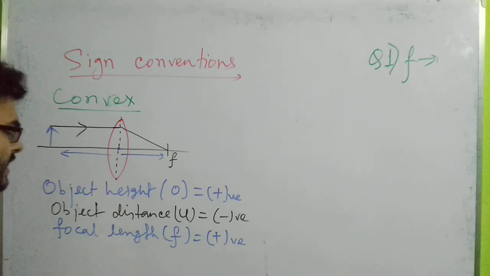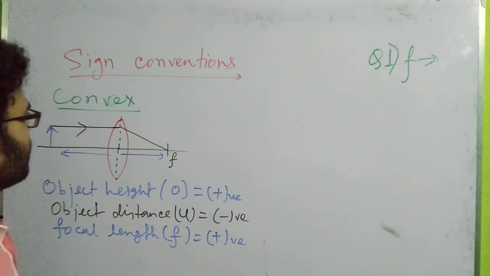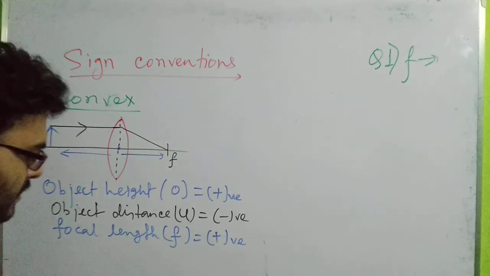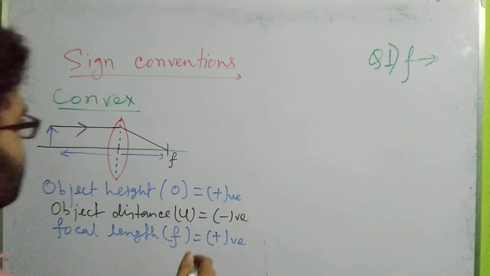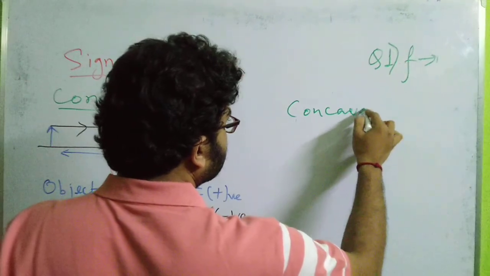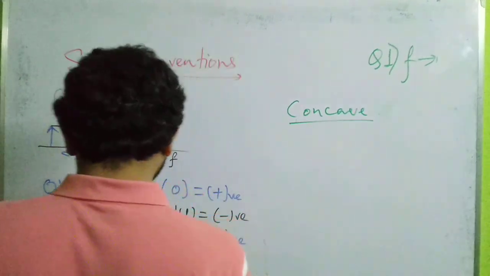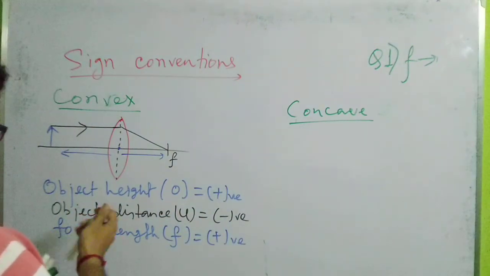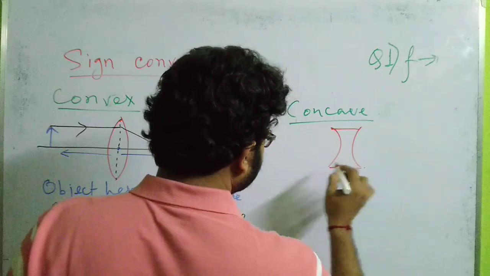Okay, fine. And when you are talking of the concave lens, let us come on to the concave lens. So what regarding the concave lens? For the concave lens we can just draw the figure here. Concave lens turns out to be like this.